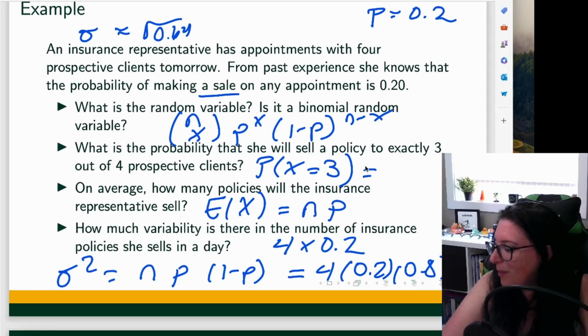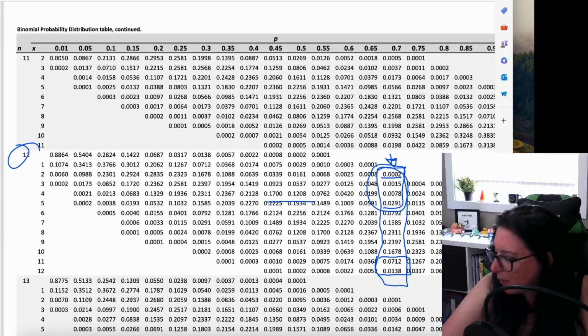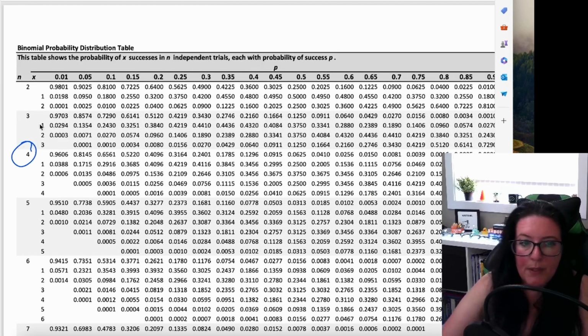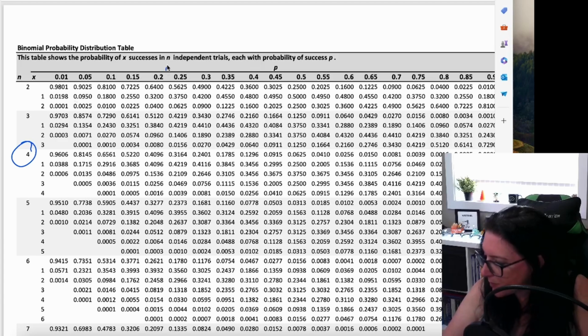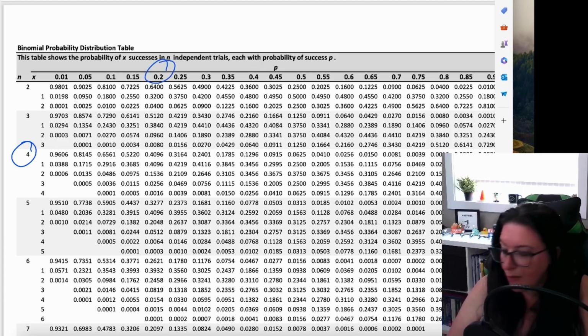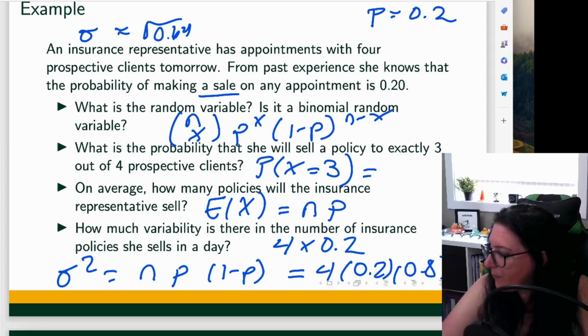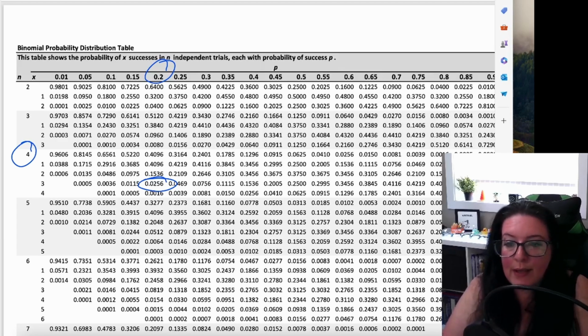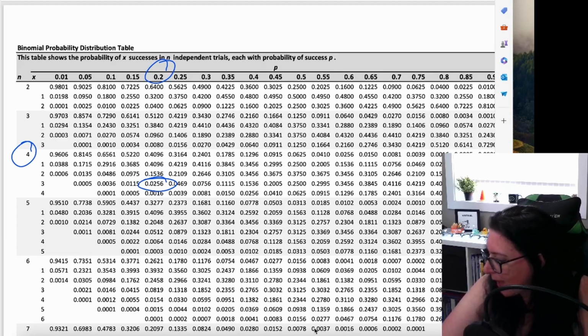So let's find the probability that x equals 3. If we're doing it with a binomial table, we would go where n equals 4 and the probability is 20%, and look for the probability that x is equal to 3, and we would get 2.6%. Let's do that in Excel.